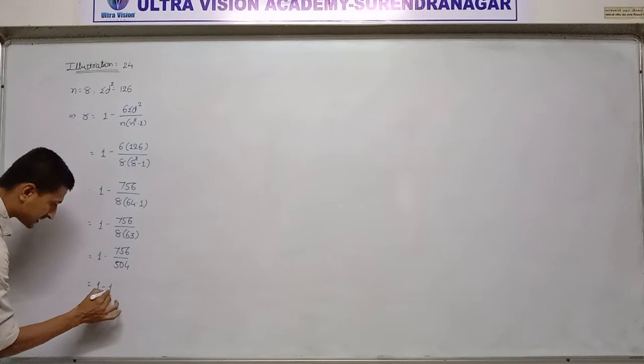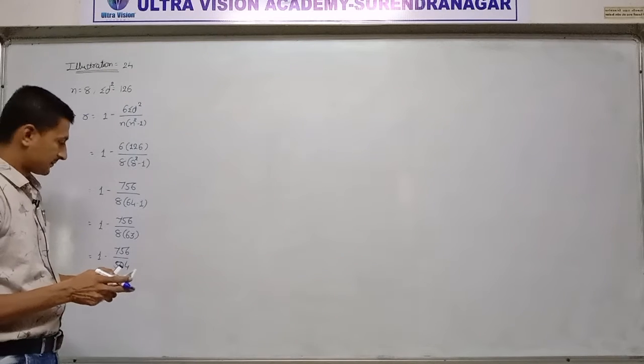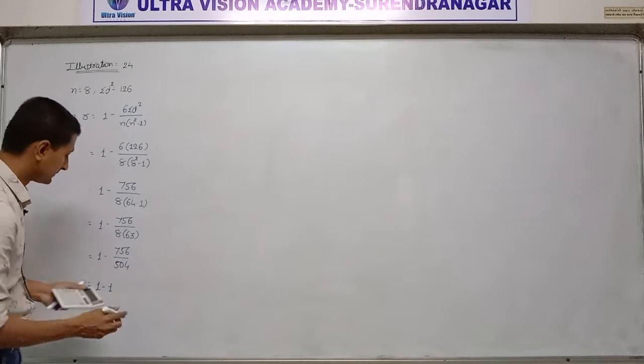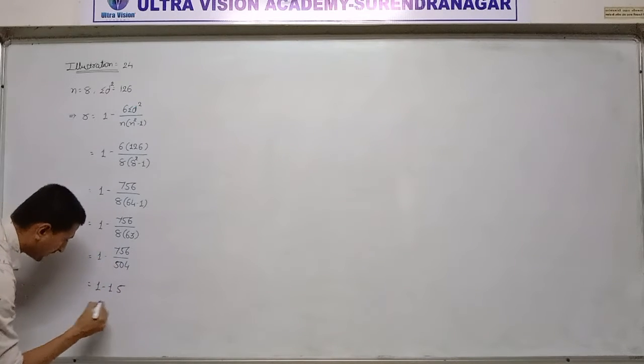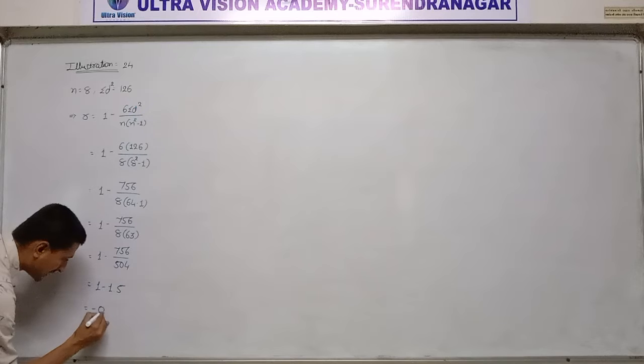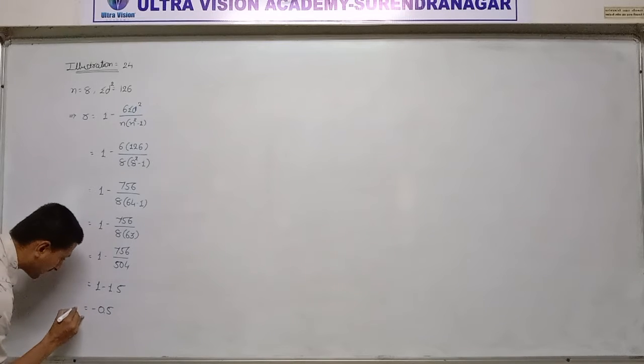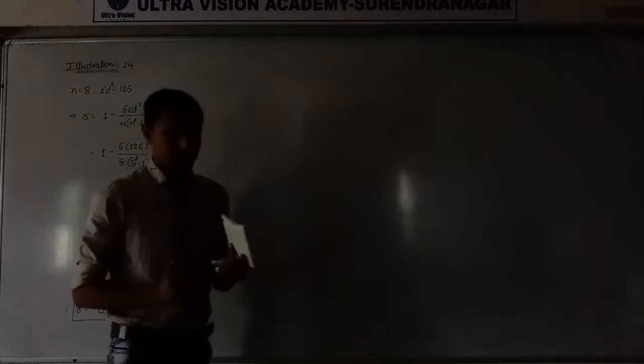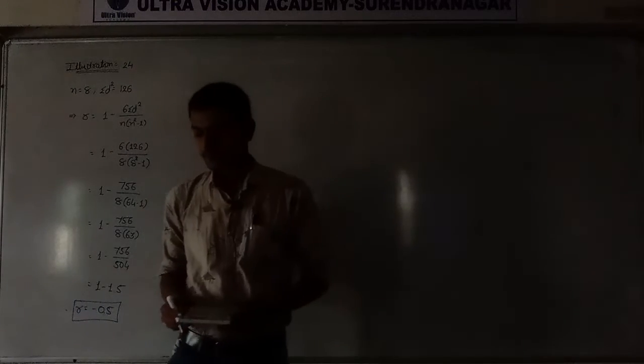So 1 minus 1.5, using LCM 756 divided by 504 is 1.5. Your answer is minus 0.5. So the rank correlation coefficient between the two variables is minus 0.5.